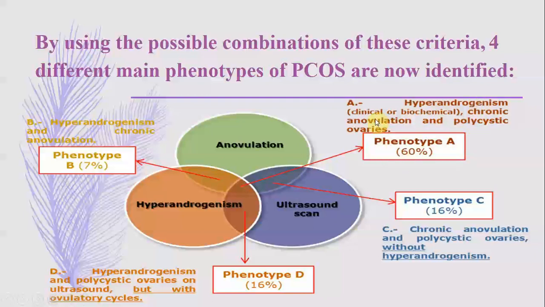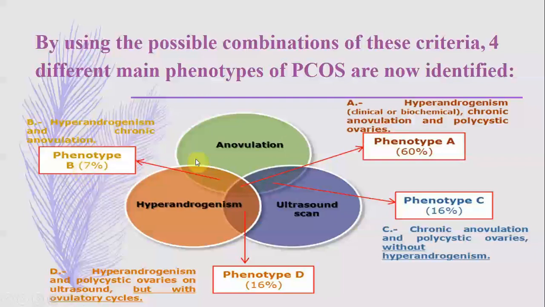Hyperandrogenism, either clinical or biochemical: the patient presents with hirsutism, acne, frontal baldness, or an investigation shows high testosterone, for example. Chronic anovulation: the patient complains of amenorrhea or oligomenorrhea, and by ultrasound she has a polycystic ovary. We will see the ultrasound later on.